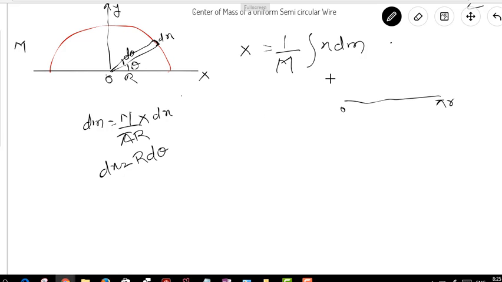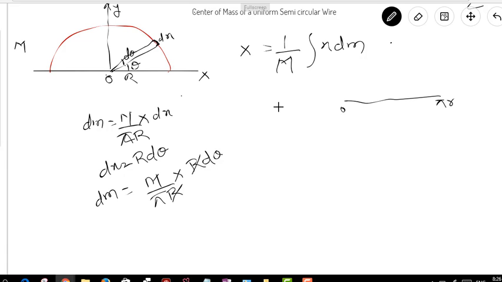So now we can find dm will be m by pi r into dx, which is r d theta. This r and this r will get cancelled, so this will become m by pi d theta.